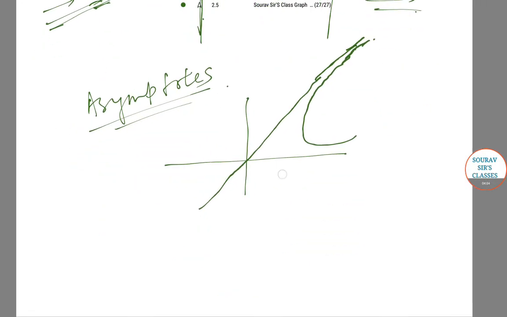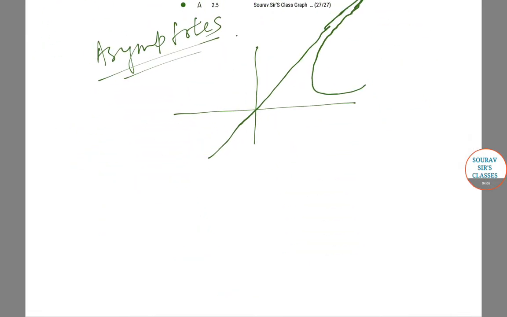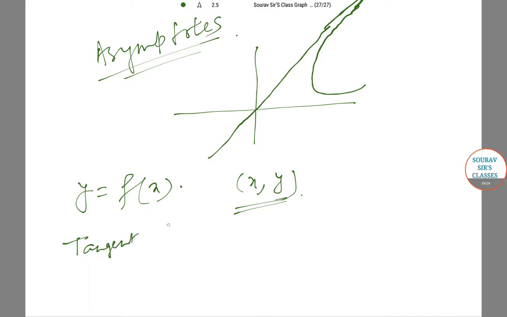Mathematically, we can write that if y equal to f(x) is a curve and (x, y) is a point on it, then the equation of the tangent at (x, y) is Y minus y equal to dy/dx times (X minus x).